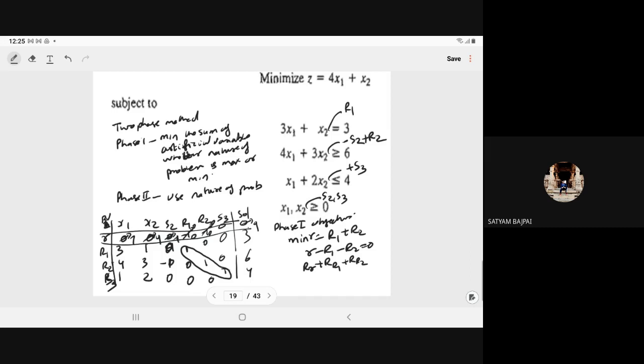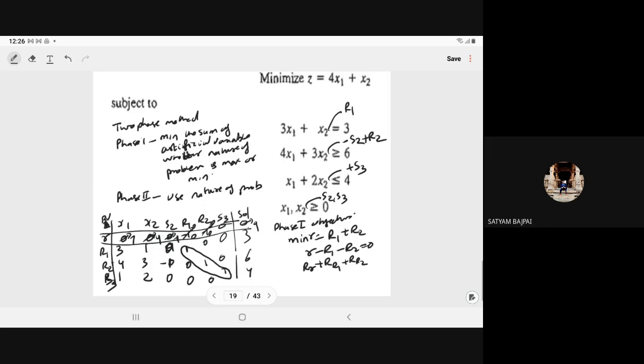In the two-phase method, we solve linear programming problems with either greater than or equal to constraints or equal to constraints.